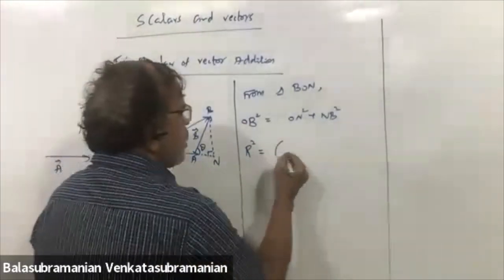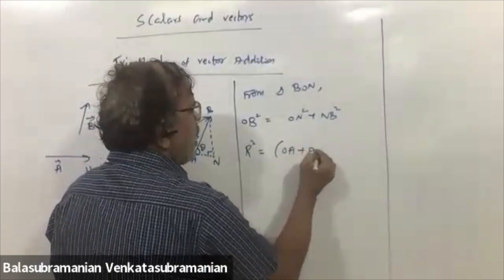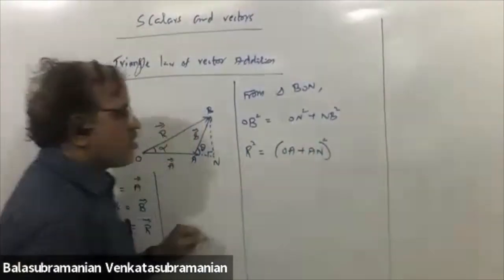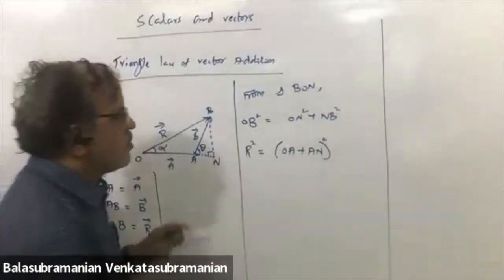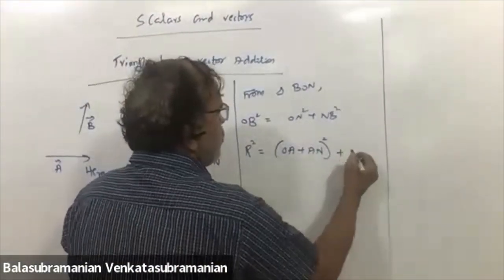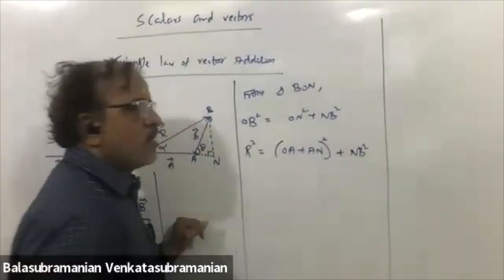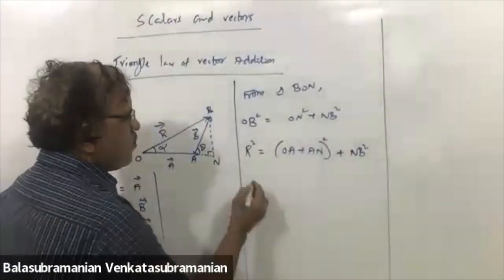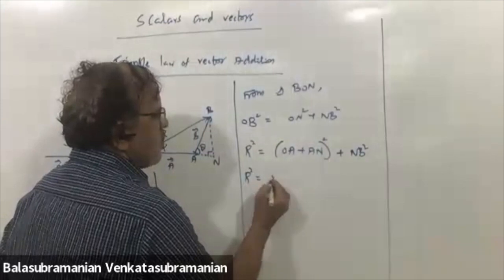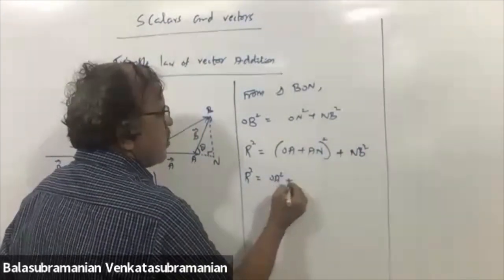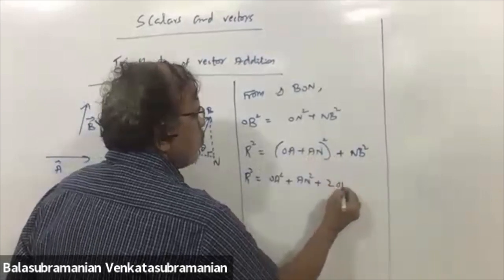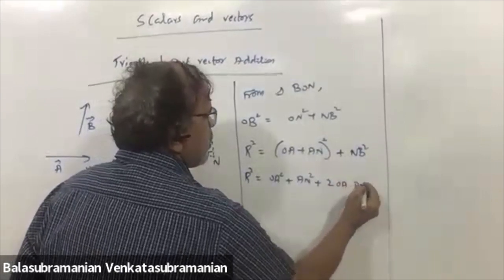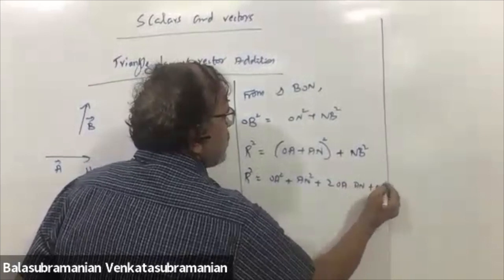ON is nothing but OA plus AN, the whole square. OA plus AN plus NB square. Expand this. R square is equal to OA square plus AN square plus 2 OA AN plus NB square.